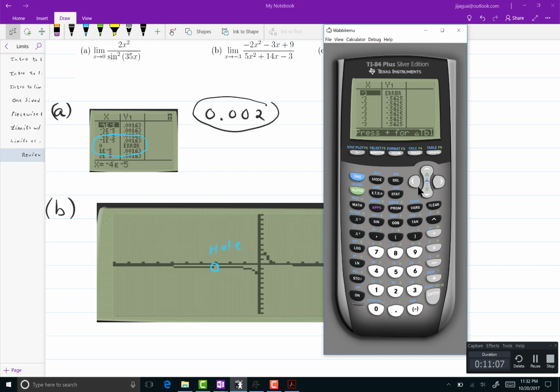I have an error, but look at those numbers. Now notice in the column it doesn't display all the decimals because it doesn't have the room to do it. But you can see these are very small numbers around -3. Let me look at these y values. 0.562499, error. 0.5625. I'm pretty convinced this is 0.5625.